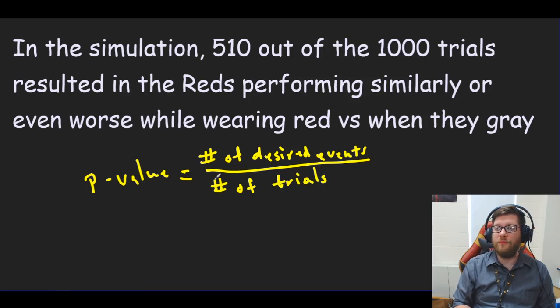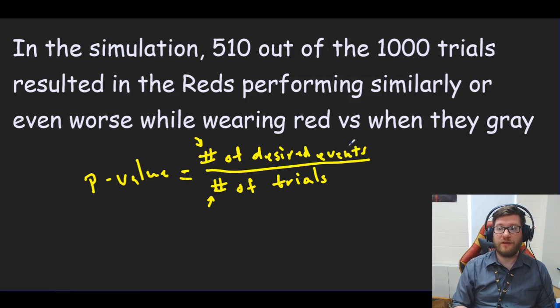Yes, I get it. I'm old. I know this is a hashtag, and this doesn't really mean a number thing anymore, but just roll with me. Number of desired events divided by number of trials.